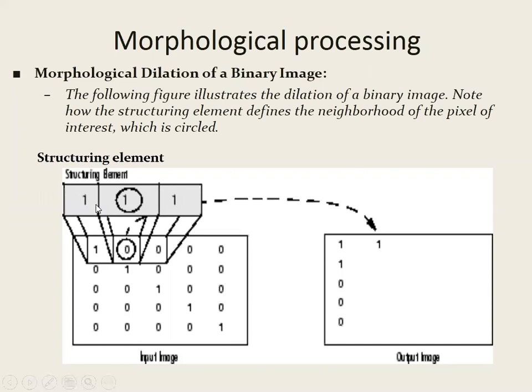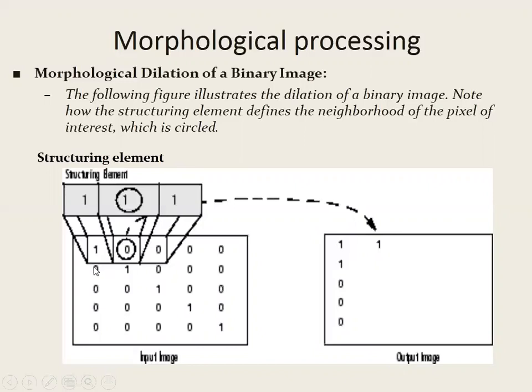That means at least it is matching with the left pixel 1, so at least there is one pixel with value one. Since in the dilation we are trying to select the maximum value which is available in the input image and overlapping with the structuring element, the second 0 is replaced by 1.